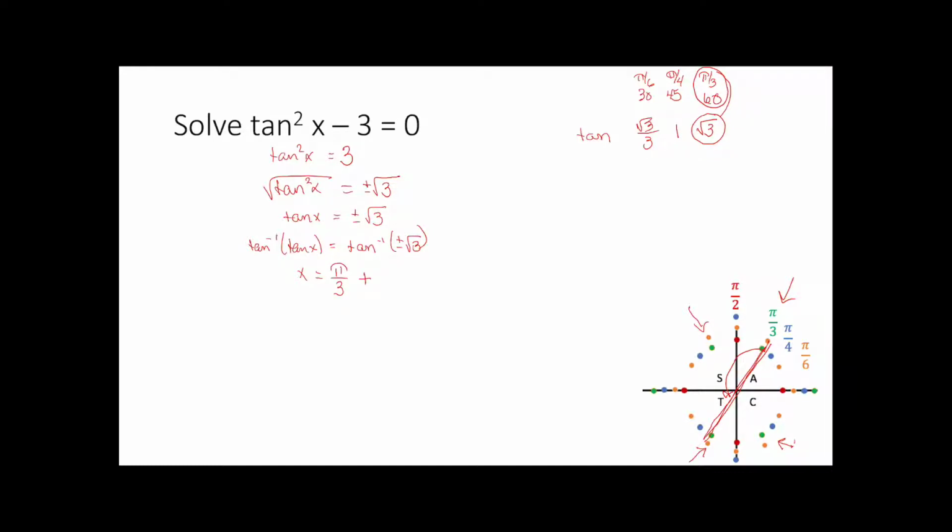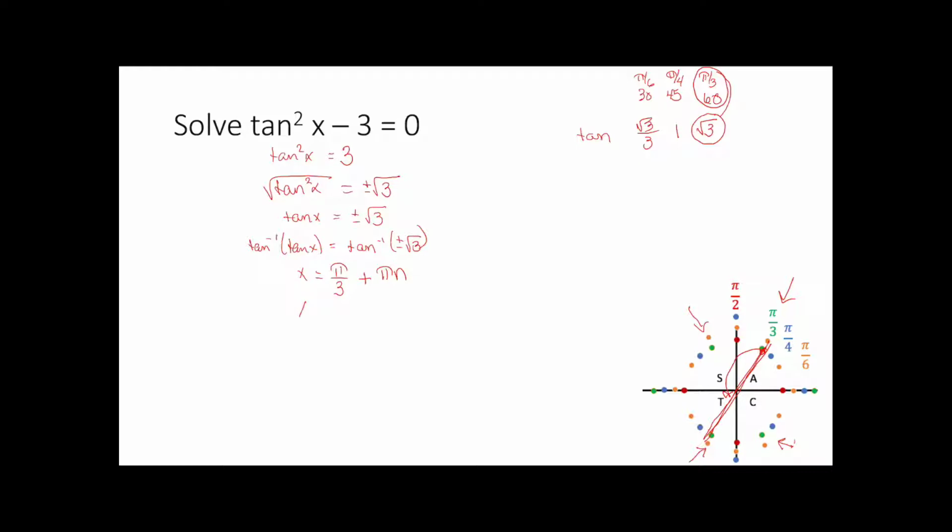So if we say pi over 3 plus pi n, that will take care of pi over 3, and it will also take care of 4 pi over 3. Because if I add pi to pi over 3, 3 pi over 3 to pi over 3 becomes 4 pi over 3. Add another 3 pi over 3 to 4 pi over 3, we're at 7 pi over 3, so we end up getting to these 2 values over and over and over again.